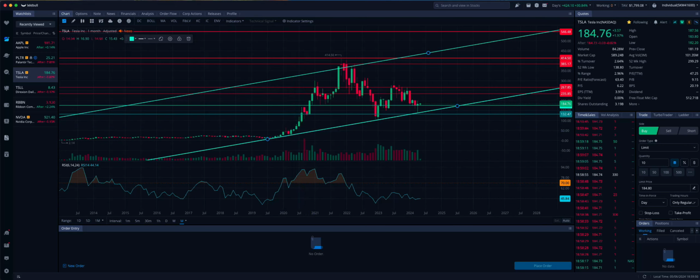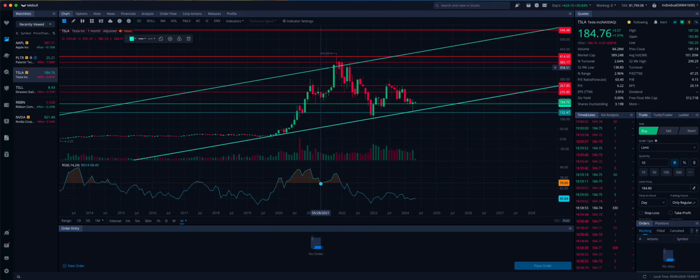Every time we touch the support, historically we went up. So we went from $42 to 400, 10 times. And every time we touch the upper piece of the support, trying to break, of course it's not gonna break, and then we went down. And then we touched the support again, went up, resistance, went down, support.